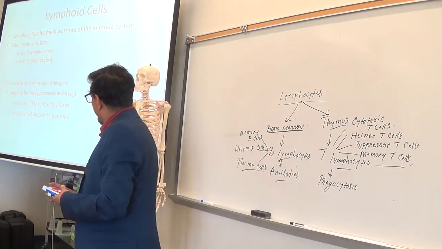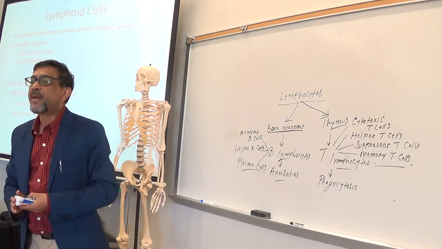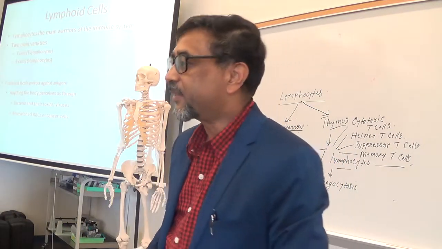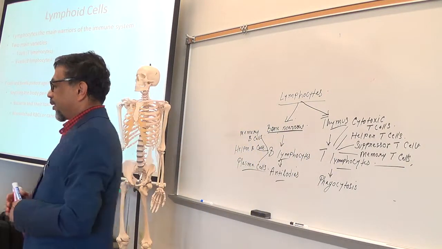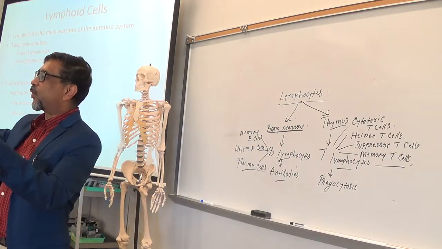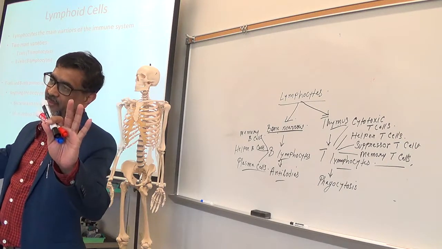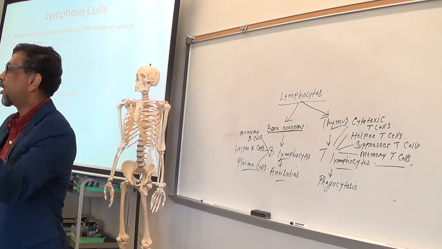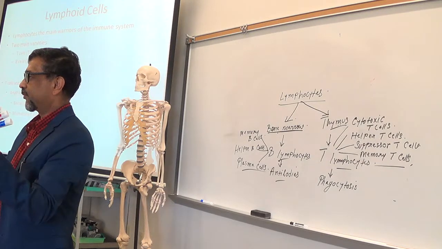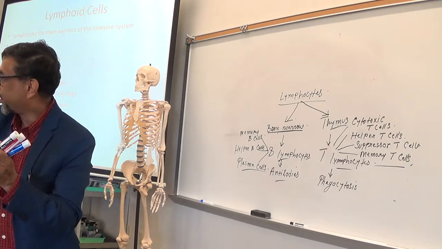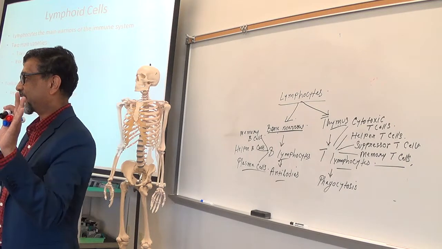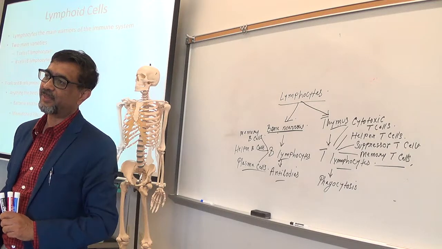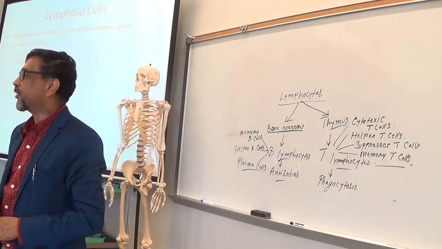Now, all of them fight against the microorganisms or antigens. What is the difference between microorganisms and antigens? Antigens is a broader term that includes microorganisms and other harmful things. Make sense? So microorganisms include what?